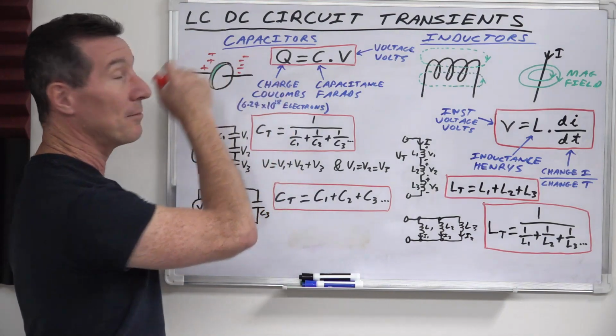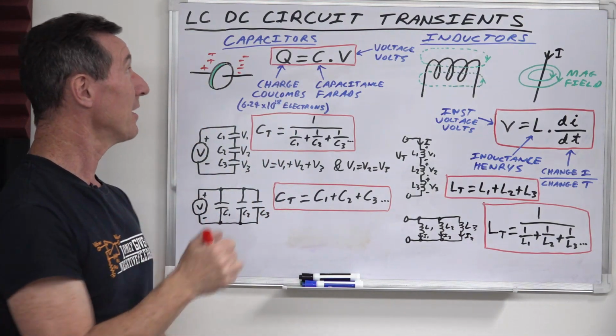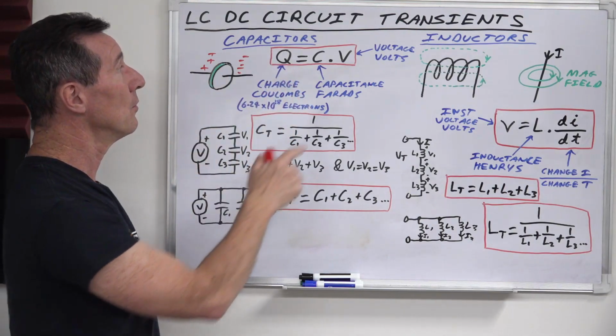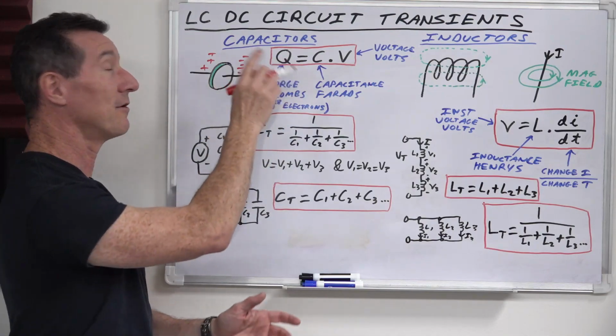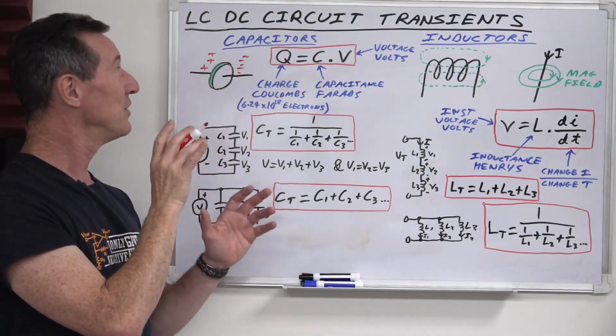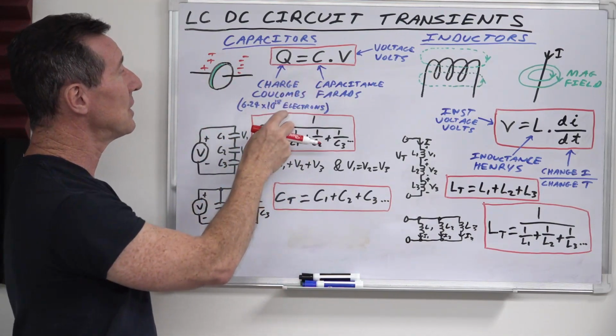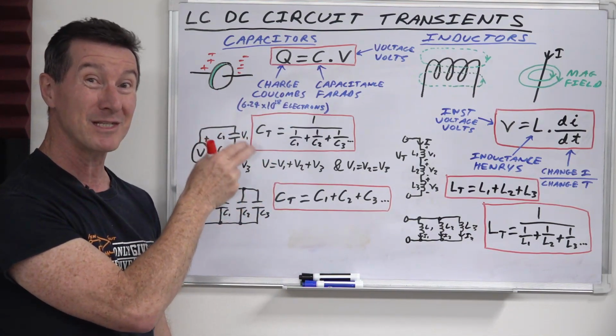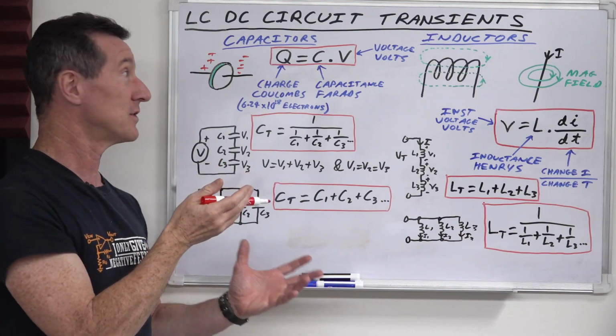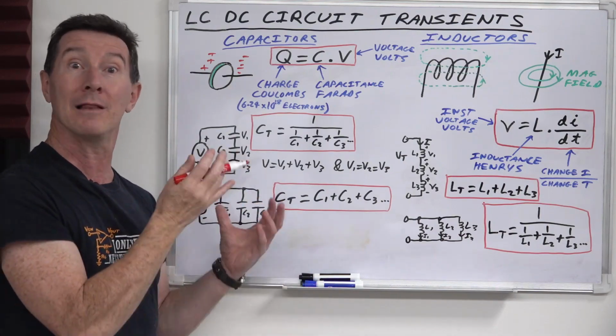And one of the basic equations we've got is charge: Q equals C times V, or the capacitance times the voltage. That's one of the basic electronics formulas you've got to remember. Charge is in coulombs, and 1 coulomb is actually 6.24 times 10 to the 18 electrons. So it's a build-up of electrons.